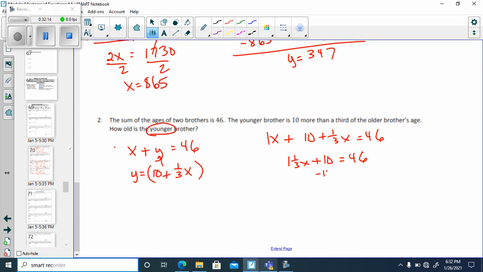Okay, I'm going to subtract 10 from both sides. I now have 1 and 1/3 X equals 36. 3 times 1 is 3 plus 1 is 4. That's 4/3 X equals 36. Okay? Let's multiply both sides by 3/4.